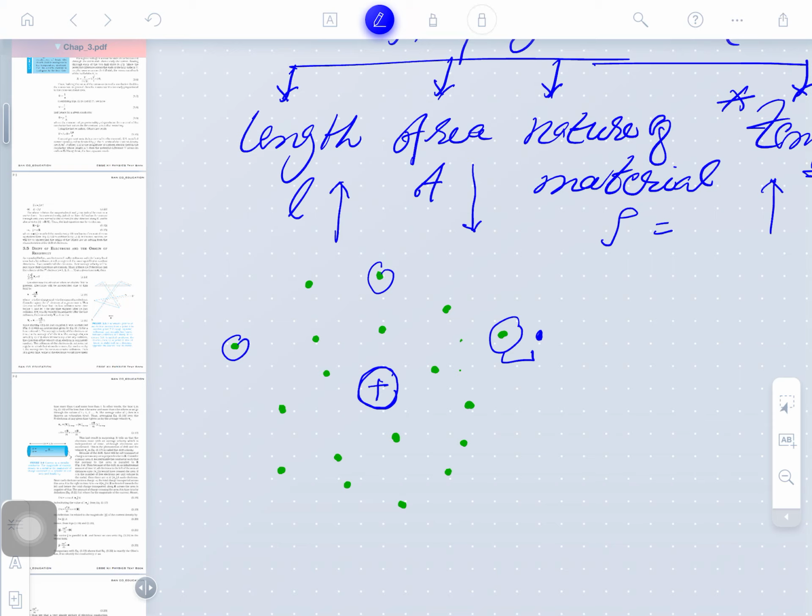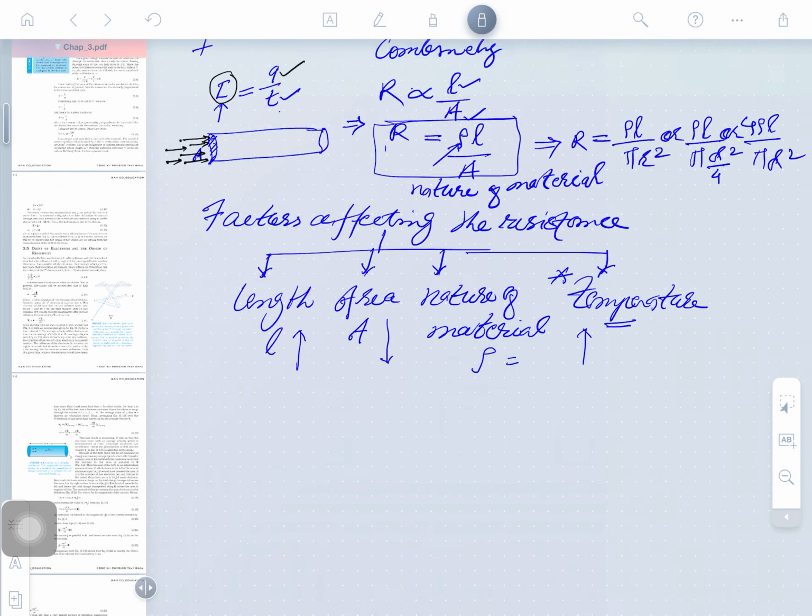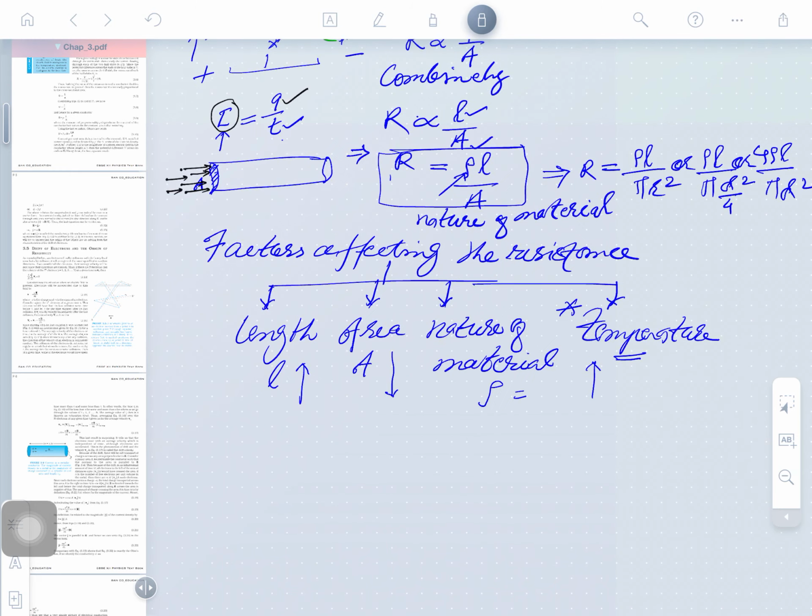As a result of increasing the temperature, these electrons will get free, and they will become so free that they can move under the electric field. So what will happen when more electrons move? You will say, sir, if more electrons flow, the more conductivity there will be, because electrons constitute charge, and further imply current.